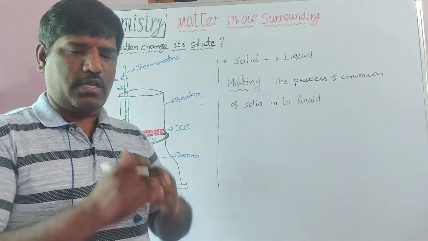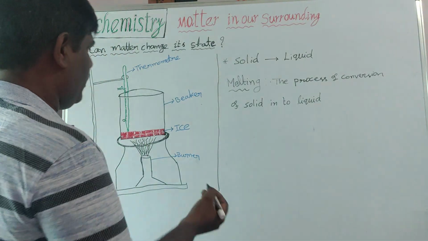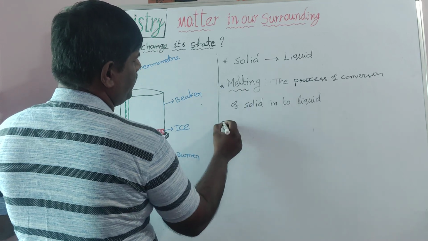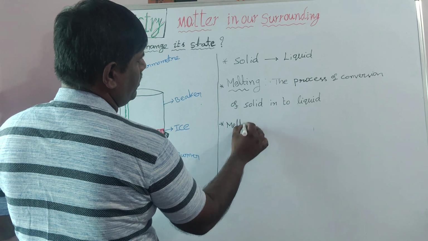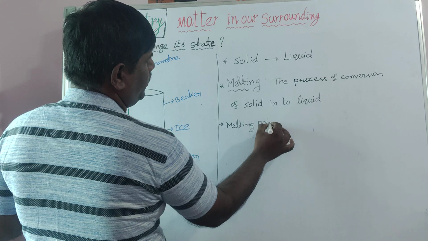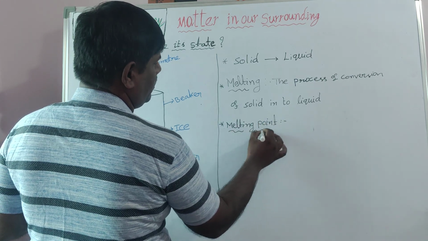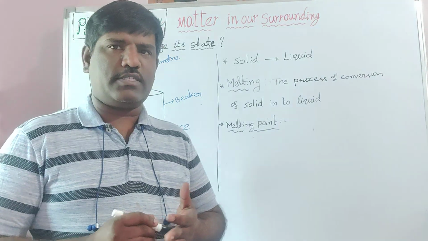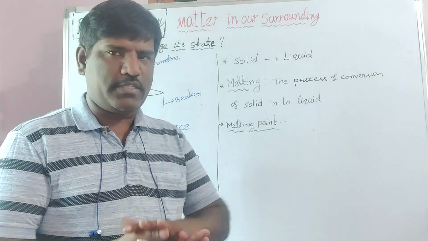Melting means solid to liquid. What is meant by melting point? Melting means everyone understood now. Now, what is meant by melting point? Generally, ice cubes exist below 0 degrees Celsius, that is, at low temperature.